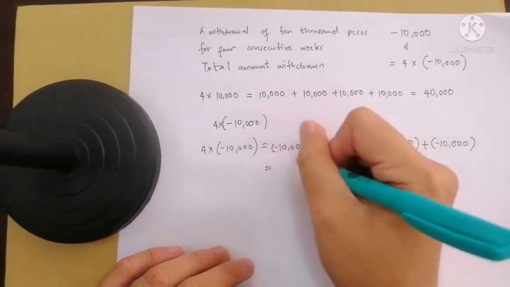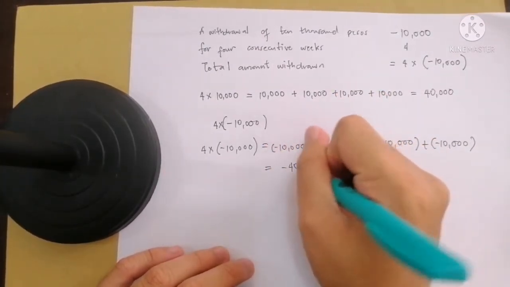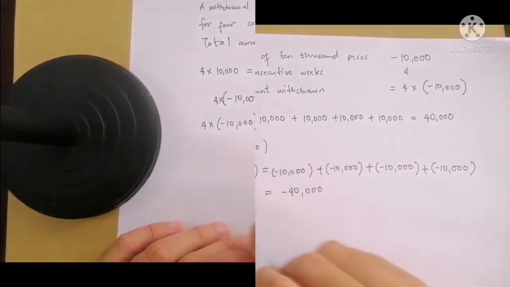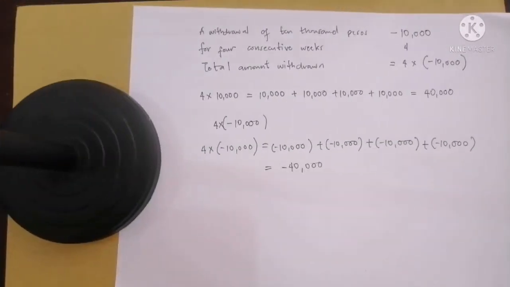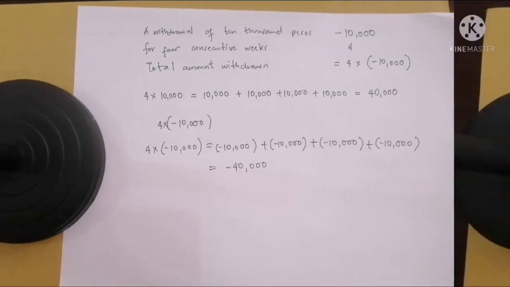And that gives us negative 40,000. Hence, we could say that the total amount withdrawn was 40,000 pesos, and negative 40,000 is then interpreted as a withdrawal of 40,000. It represents a decrease in the account balance.